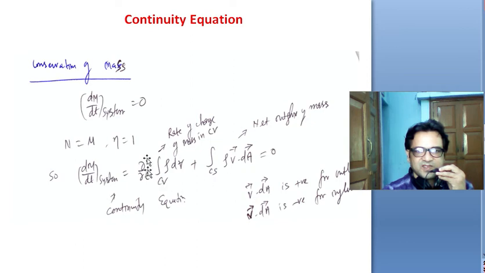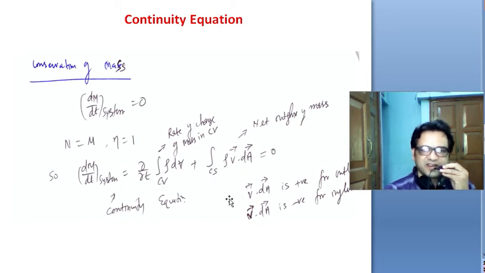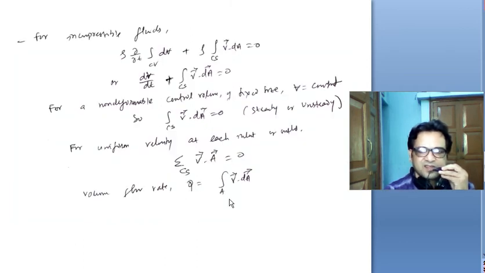So it can be simplified for an incompressible flow. For an incompressible flow, rho equals constant, so you can take it outside of the integration. So it becomes rho del by del t integration of dV plus rho integration of V dot dA equal to 0. So this rho is cancelling out.